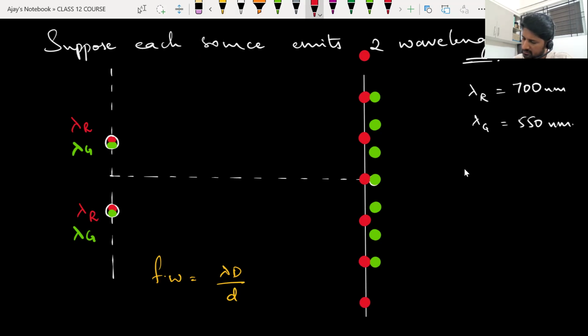So suppose the intensity of red color varies like this, on the screen.